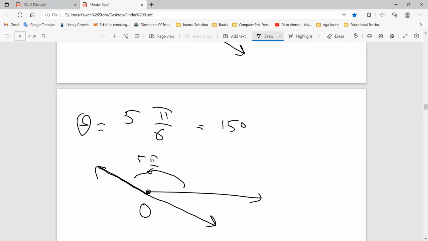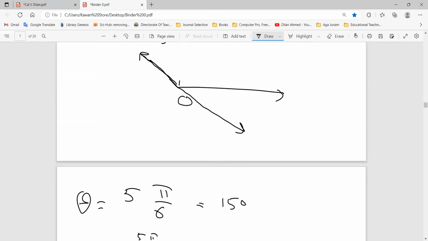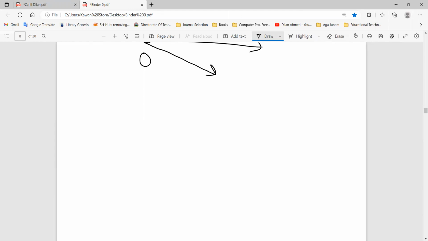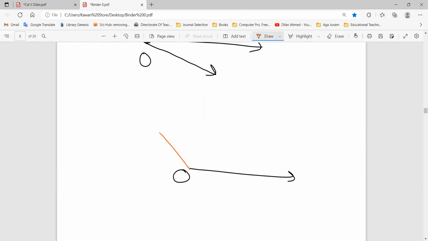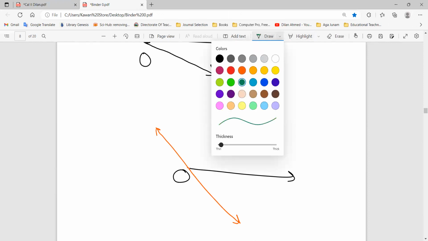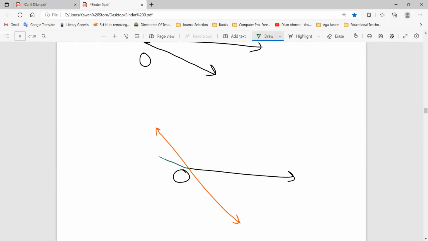Now combine these two together. So I have the origin, that one is the first one, 120, that one is the other one, 150. Am I right?